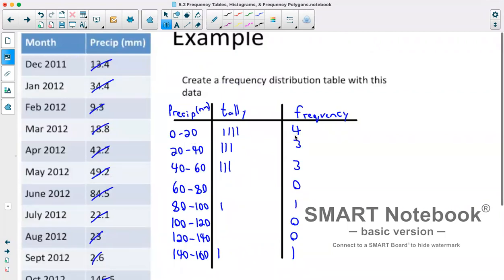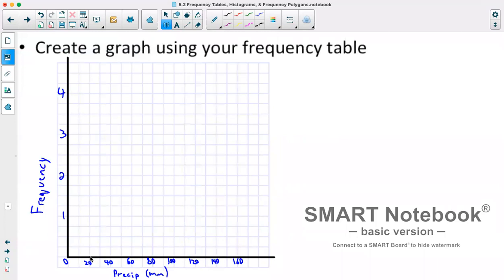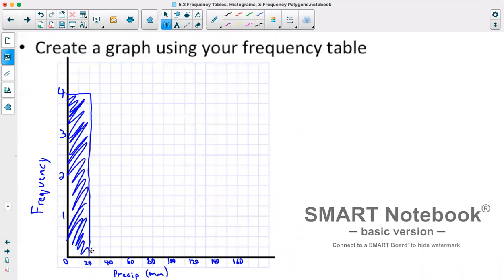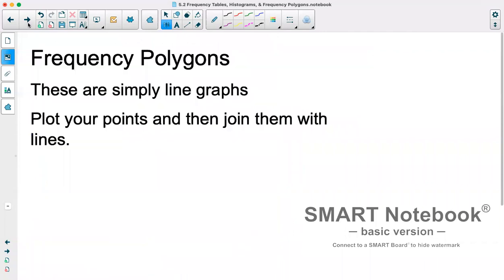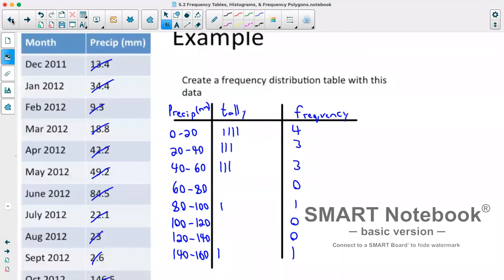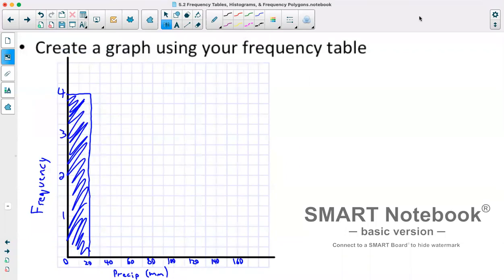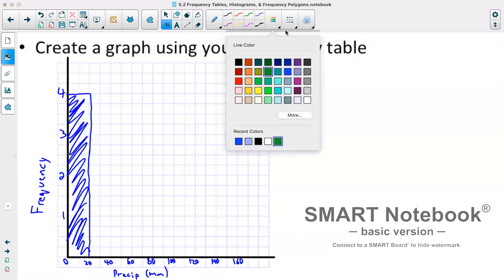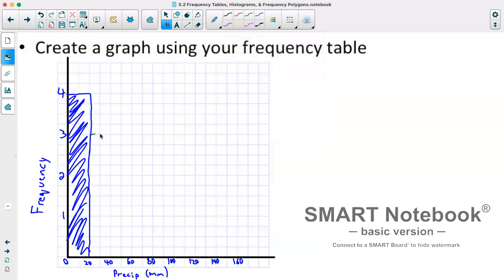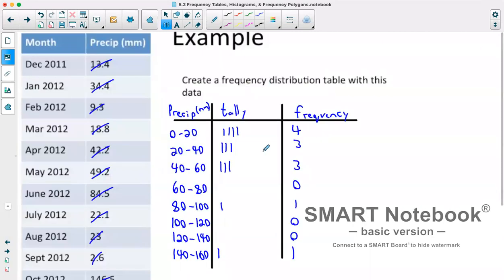From 0 to 20, we had a frequency of 4. Next one, 20 to 40, we had a frequency of 3. Next one, 40 to 60, we also had a frequency of 3.